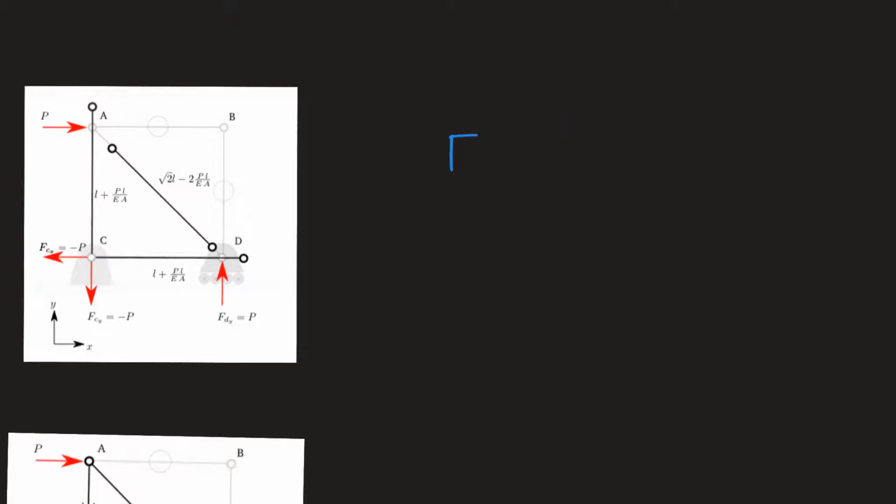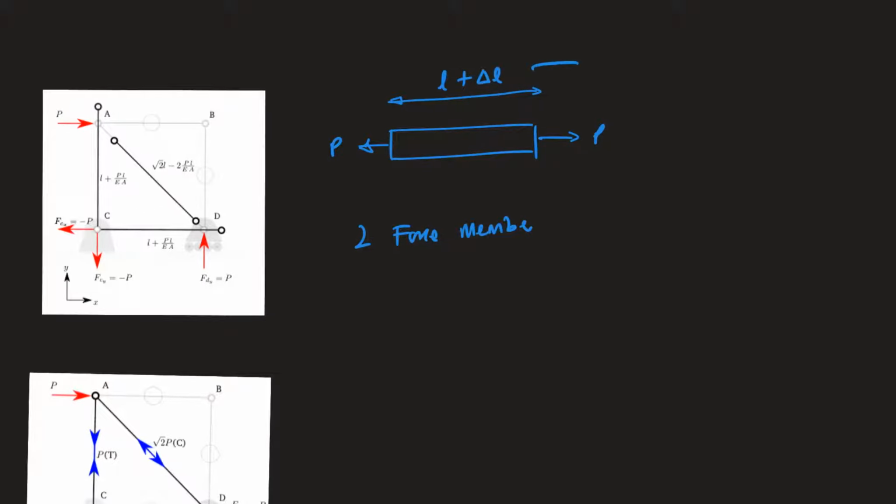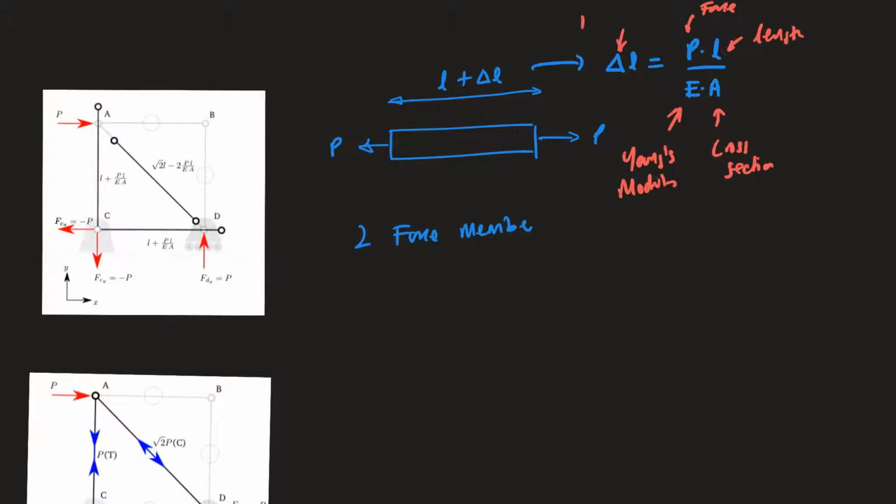If we've got a bar element, so this could be for any truss frame, we've got a 2-force member subject to a force P. This is going to be extended to some new length, so it's going to be L plus delta L. And from Hooke's law, we know delta L is equal to P multiplied by L divided by E divided by A. So we've got Young's modulus, cross-sectional area, original length, force applied, and then we've got the increase in length.